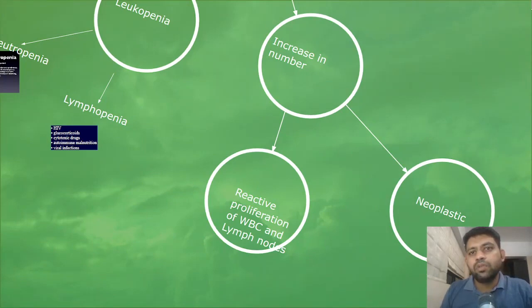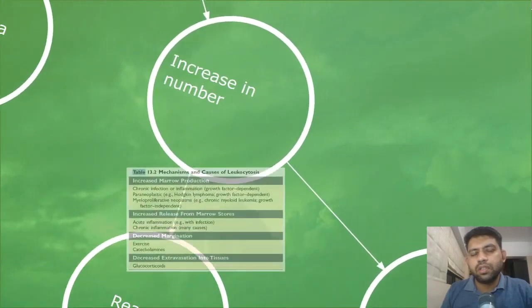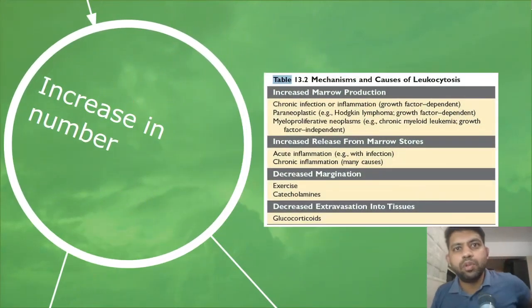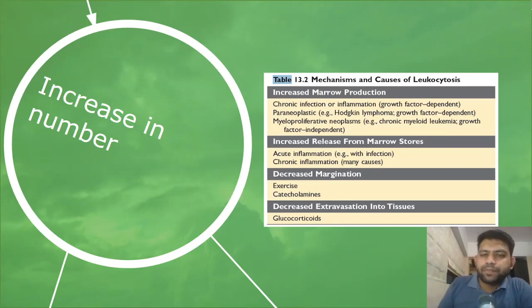When it comes to leukocytosis or increase in number of WBCs, different mechanisms can cause leukocytosis. Like imagine WBCs are of course produced in the bone marrow.